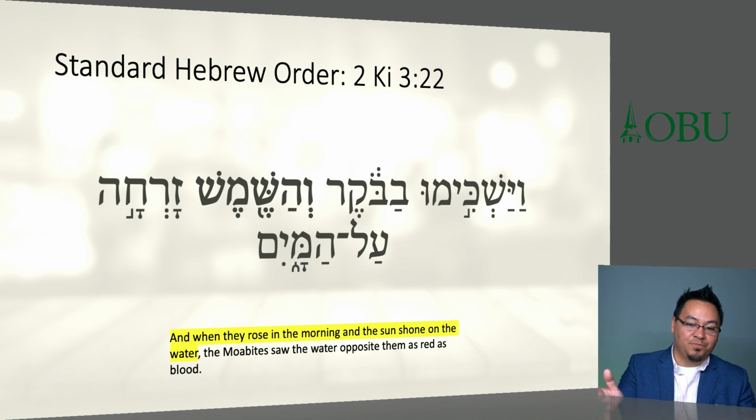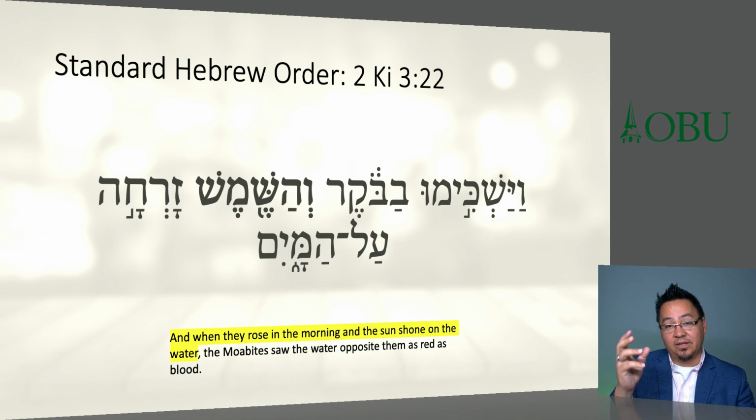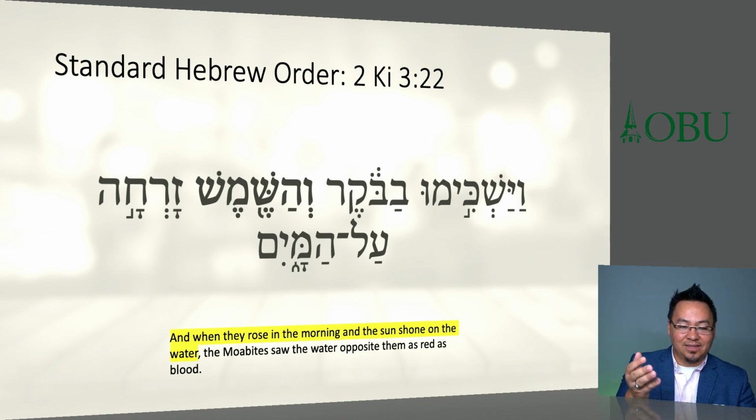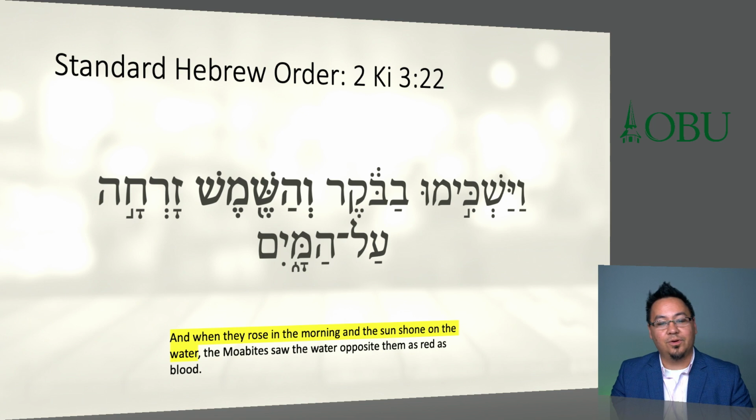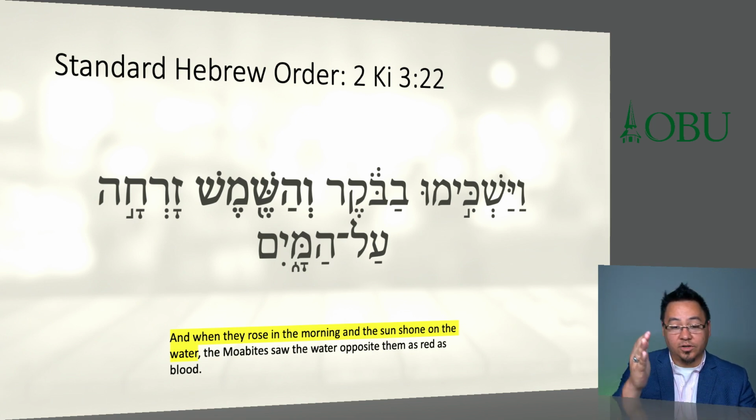And so we see the word to rise up there. They rose up when? In the morning. So now we have a designator as to when they did the verb. And they rose up in the morning, and then the sun had shone on the water. And so this is the word order: verb, subject, who's doing it, and who's receiving it.